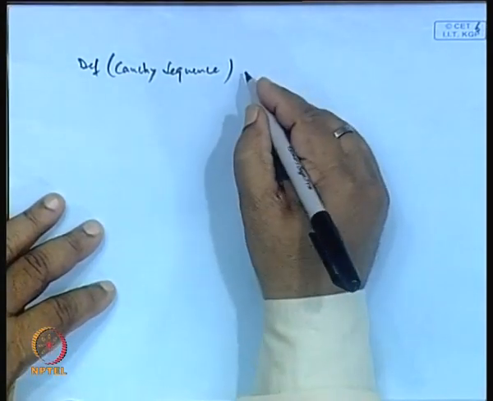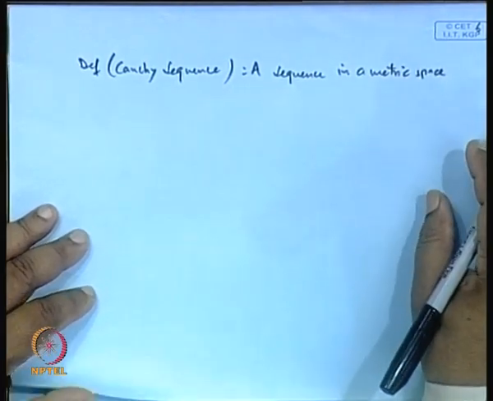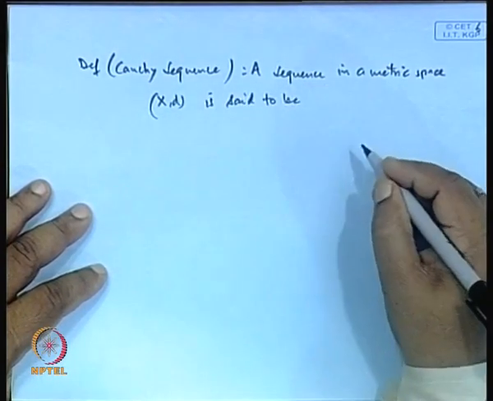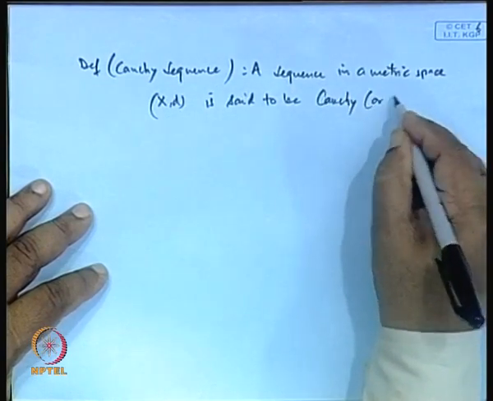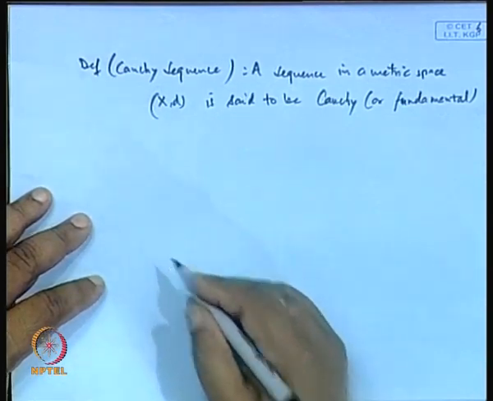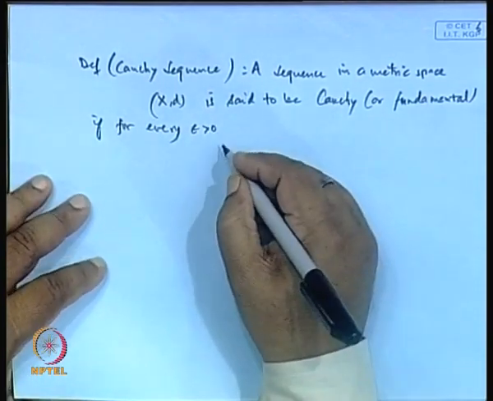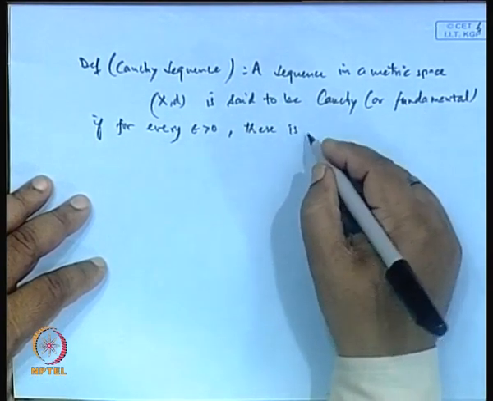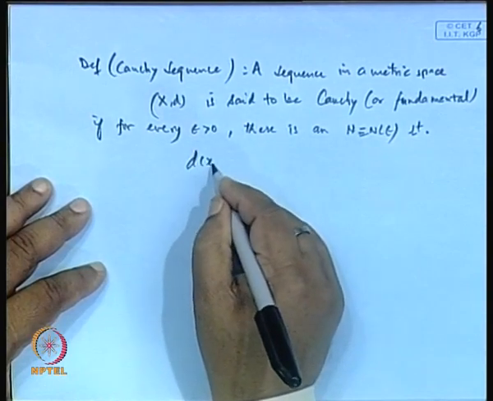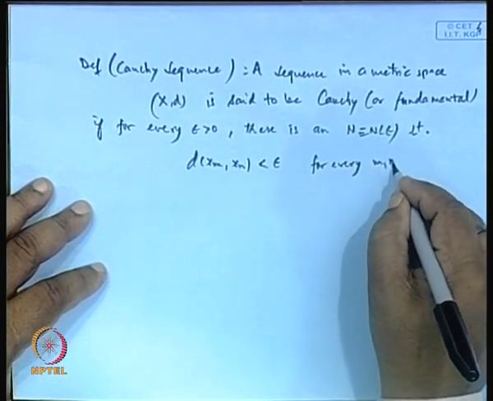A sequence in a metric space (X, d) is said to be Cauchy, or we also say fundamental sequence, if for every epsilon greater than 0 there is an N depending on epsilon such that the distance d of x m comma x n is less than epsilon for every m, n greater than N.